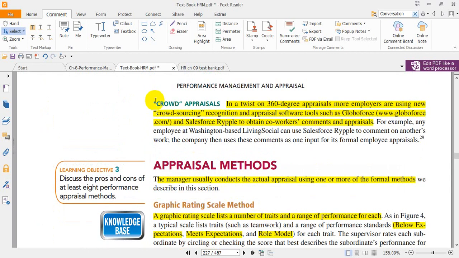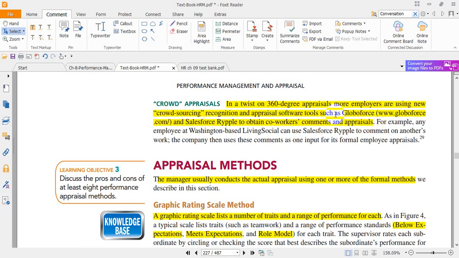Crowd appraisal is the last form of performance appraisal. In a twist on 360-degree appraisal, more employers are using new crowdsourcing, recognition, and appraisal software tools such as Globoforce and Salesforce Rebel to obtain co-workers' comments and appraisal.